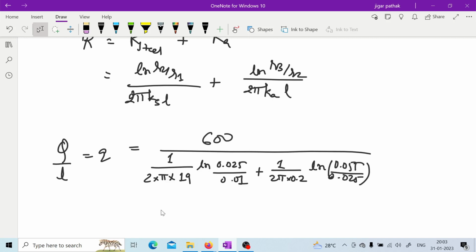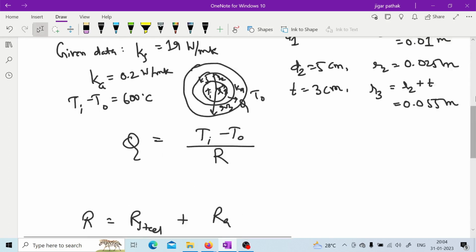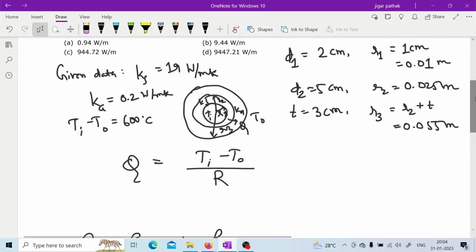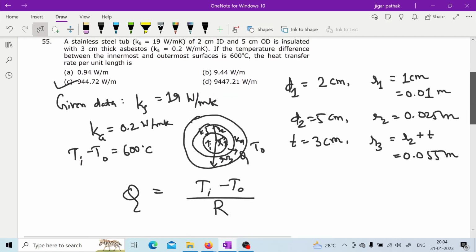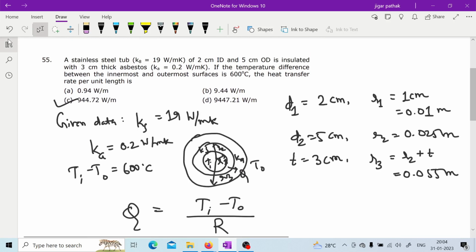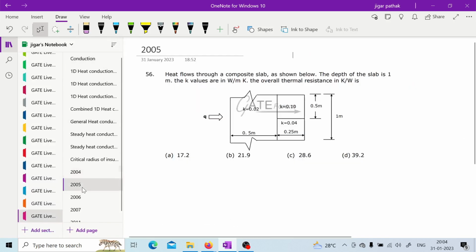If you simplify this, you will have your answer. Can anyone tell me the answer? It will be around 944.72 watt per meter. Everyone is getting the same? Yes, sir. Okay.